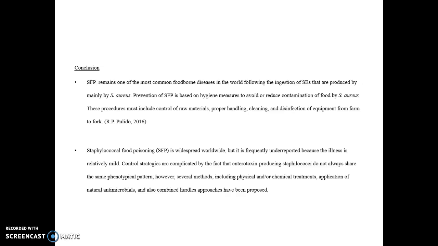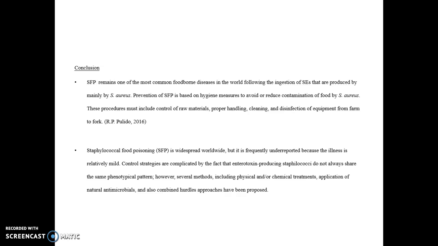Prevention of Staphylococcus is based on hygiene practices to avoid or reduce contamination of the food by the bacteria. These procedures must include control of raw materials, proper handling, cleaning, and disinfection of equipment from farm to fork.